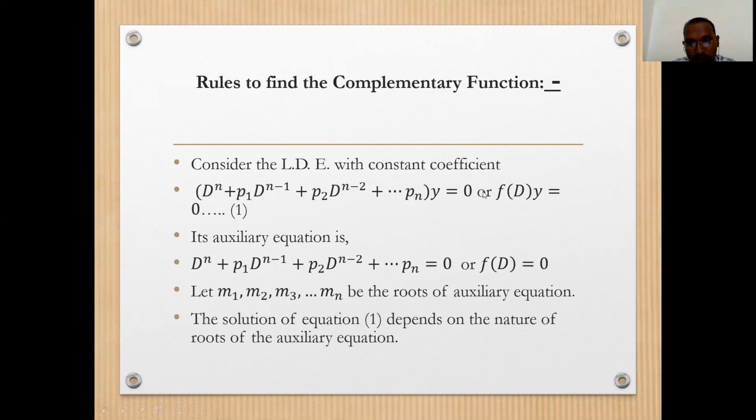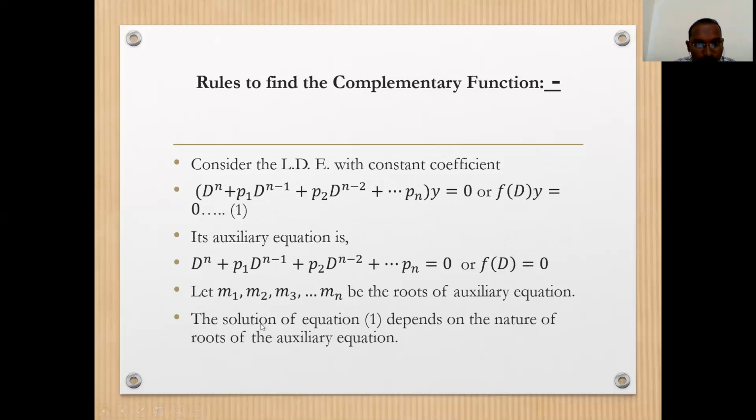Here we are taking the right hand side as 0. This is the associated equation of the given linear differential equation with constant coefficients. Its auxiliary equation is D^n plus p1 D^(n-1) plus p2 D^(n-2) plus and so on pn is equal to 0, or f of D is equal to 0.